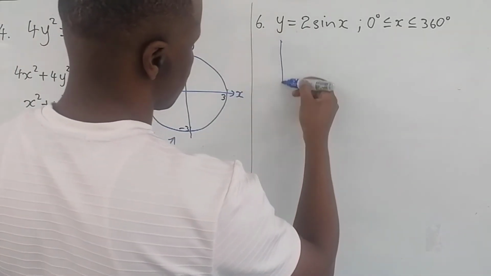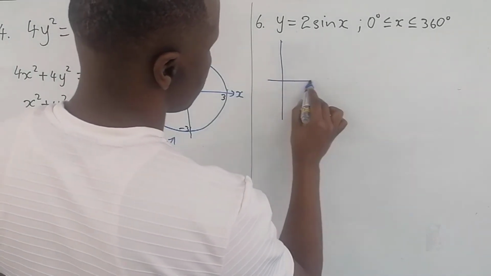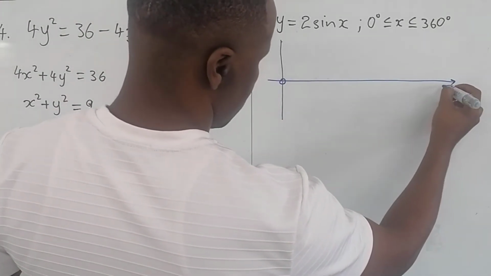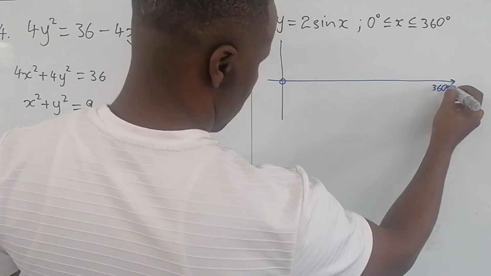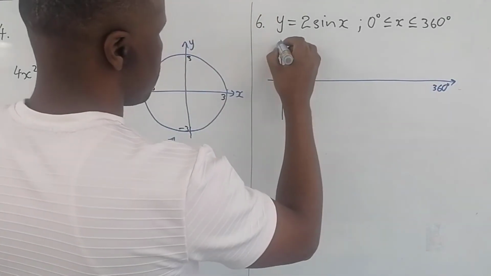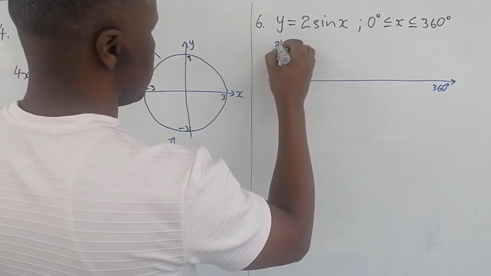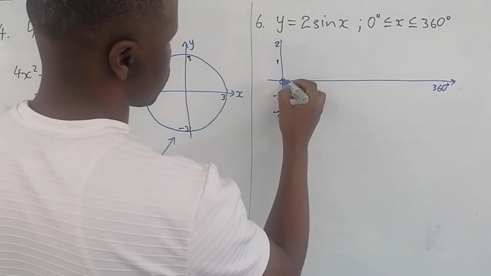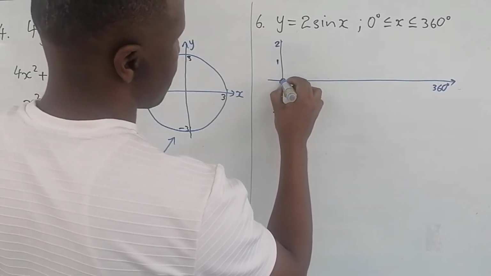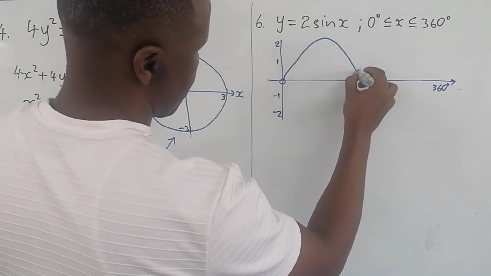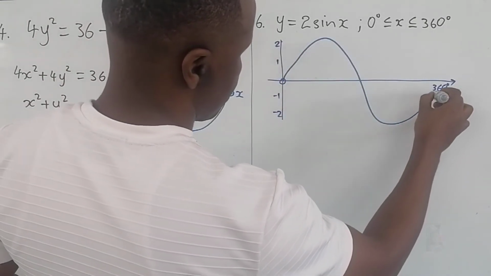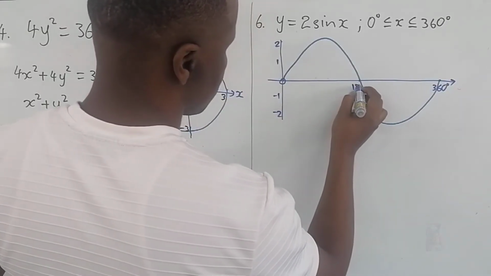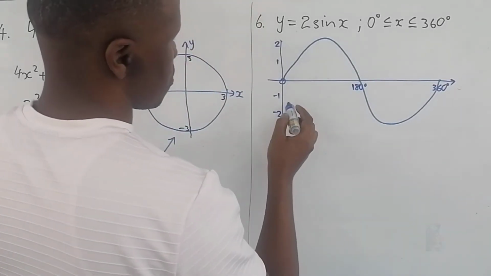If it's set at 0, then we can put our axis like that, and then we can start to draw. That 2 is our amplitude. So amplitude is 2. That means the turning points for our graph will be positive 2 and negative 2. Then we have turning points at 90 degrees and also at 270 degrees. So this is how you will draw it.